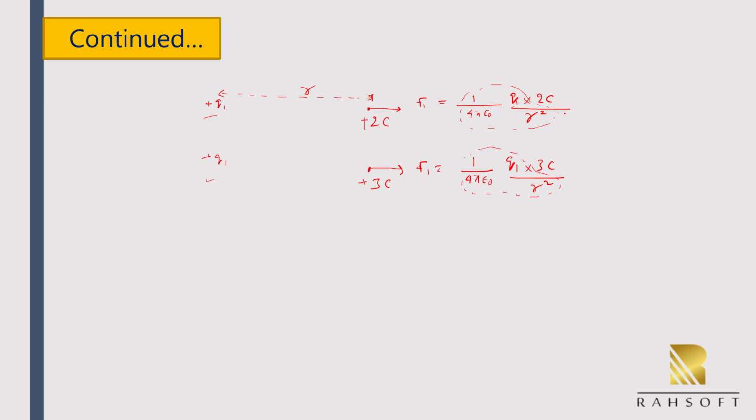What is changing here is the point charge which we brought near to the source charge. In this case it is 2 coulomb and in this case it is 3 coulomb.